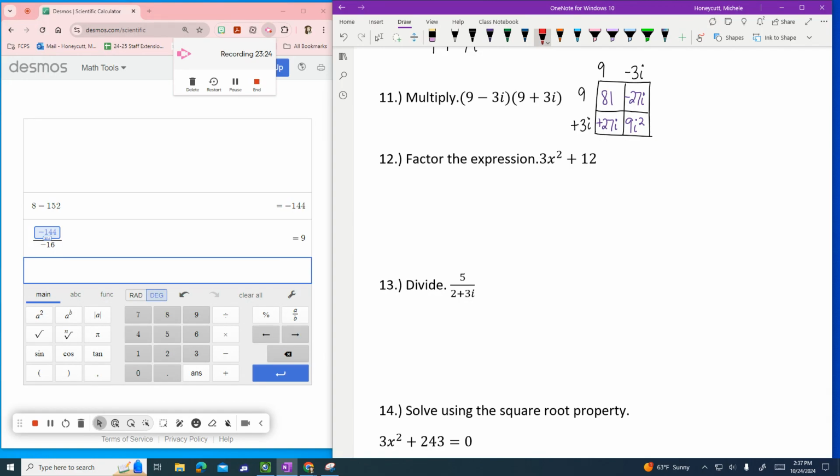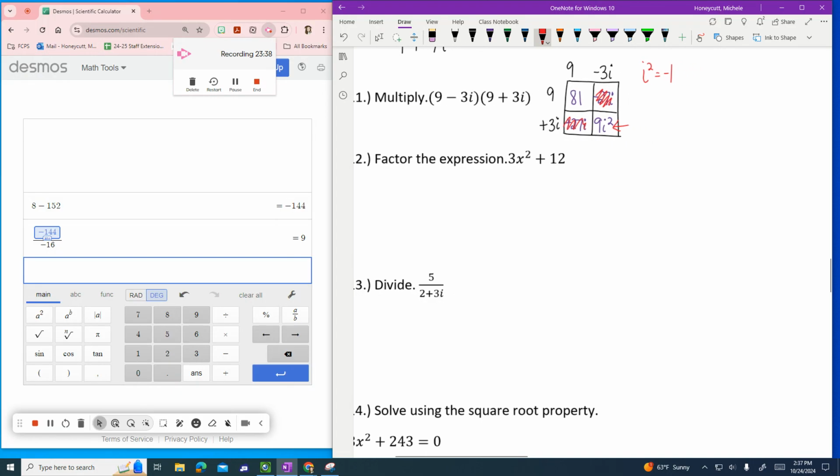So if I look in my box, I notice that negative 27i and 27i cancel each other out. For the i squared term, i squared is equivalent to negative 1. I should really have negative 3i times positive 3i is negative 9i squared.